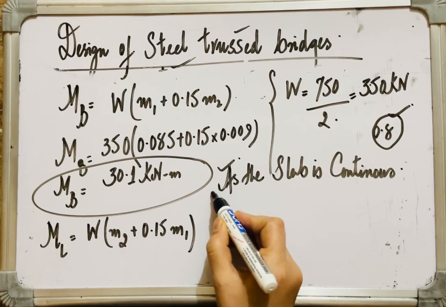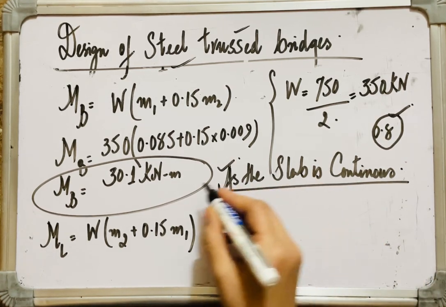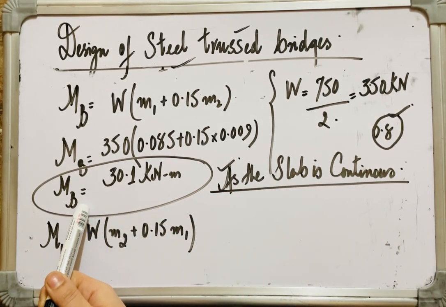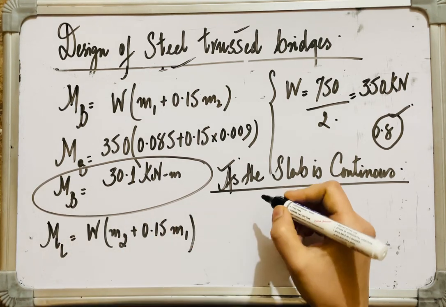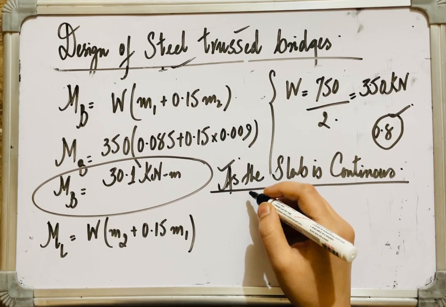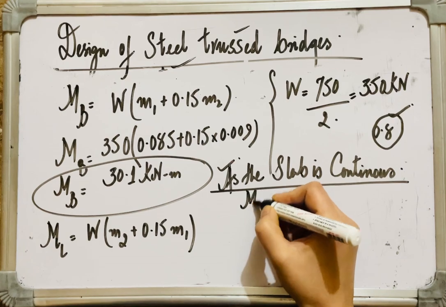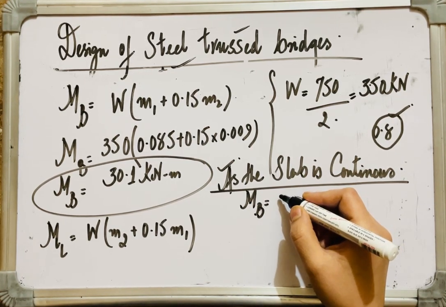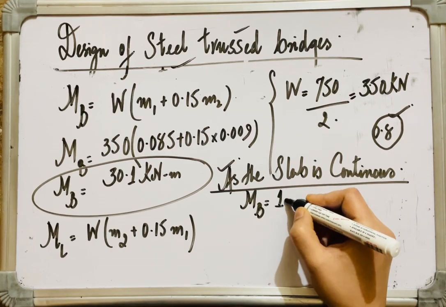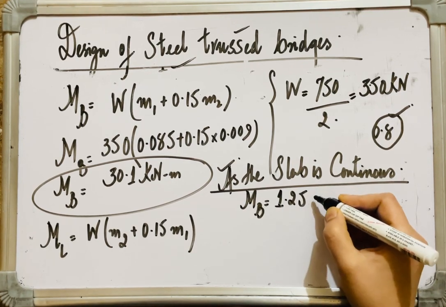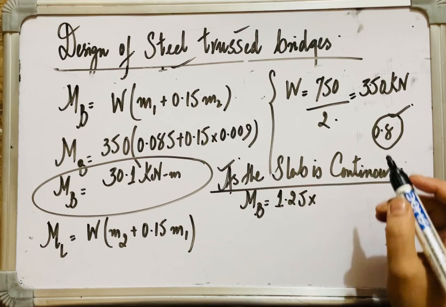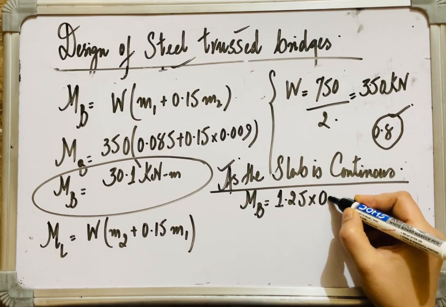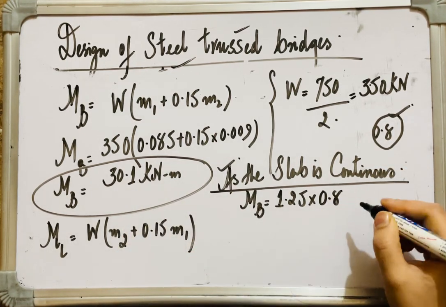All right, so as my slab is continuous, let me apply both the factors to my bending moment along the shorter span. First, impact factor, how much is it? 25%, so it will be 1.25. Multiply by 0.8, to allow for continuity, we multiply every bending moment by 0.8, and what is the bending moment? 30.1.